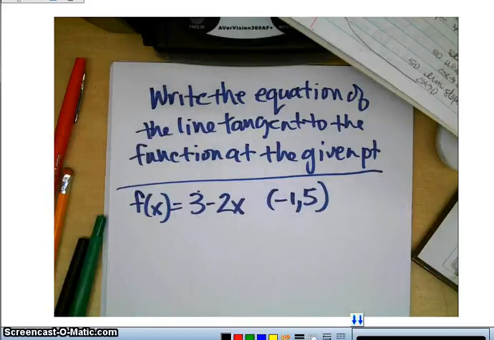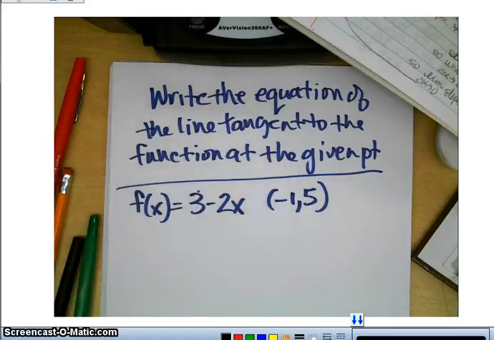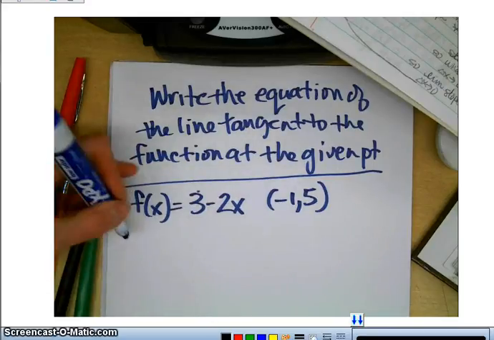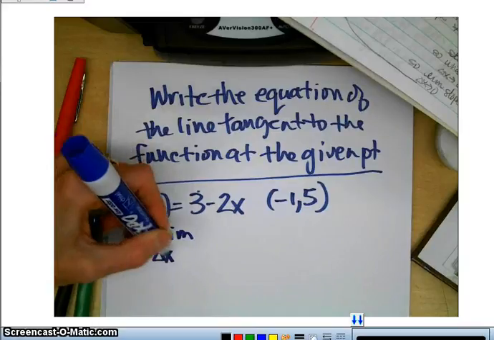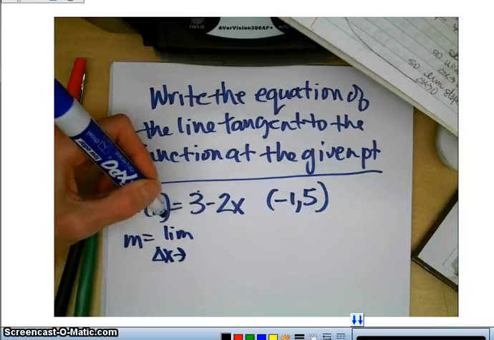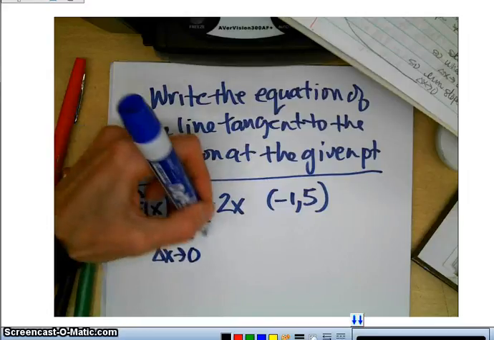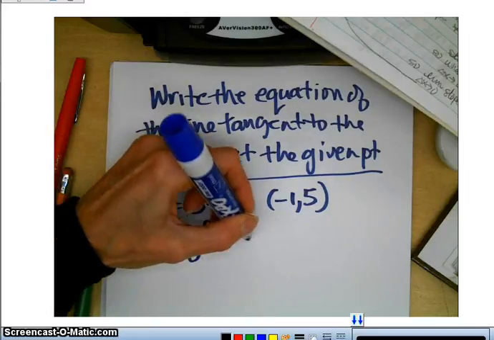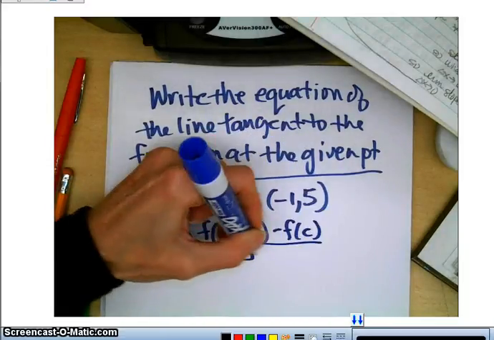So the first thing I need to do is find the slope at the point negative 1 comma 5. And so that would be the limit as delta x goes to 0 of f of c plus delta x minus f of c all over delta x.